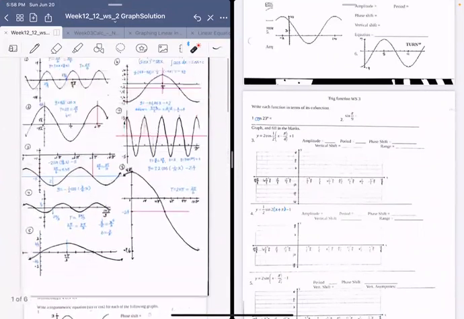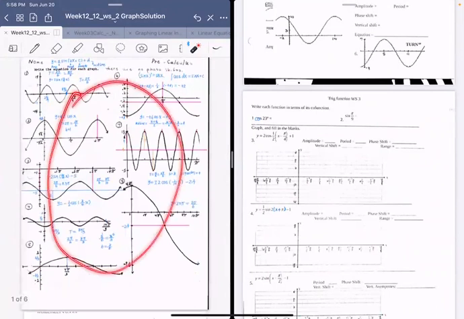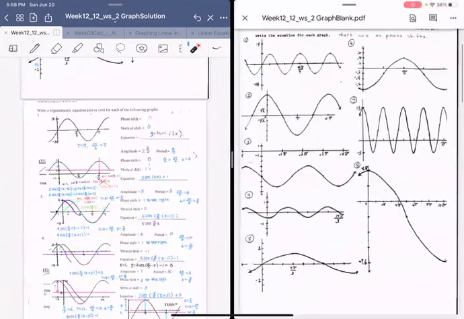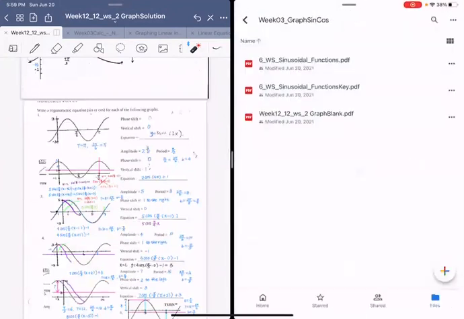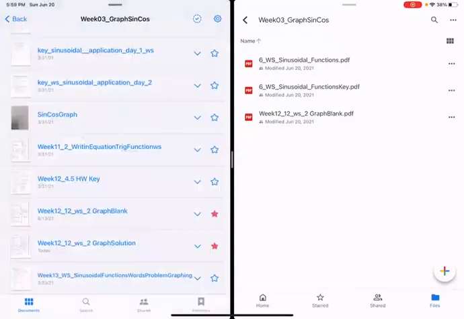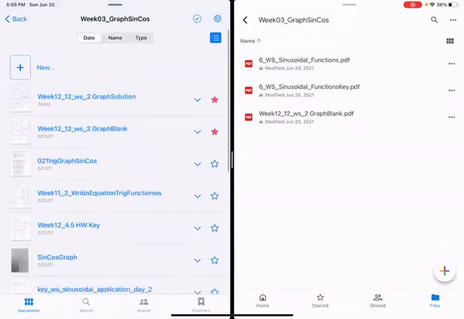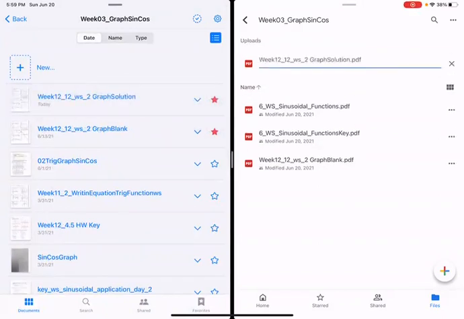This week, as long as you can handle this question and this question, is good enough. You can print out the first 2 pages to work on it. Let me upload the solution. Okay, the blank version with a solution.